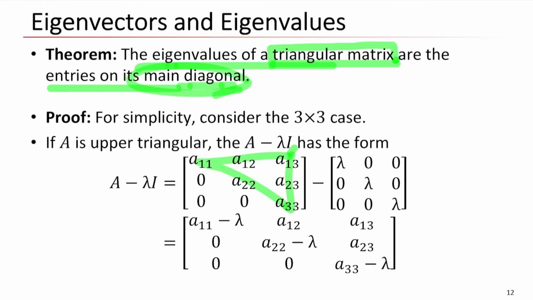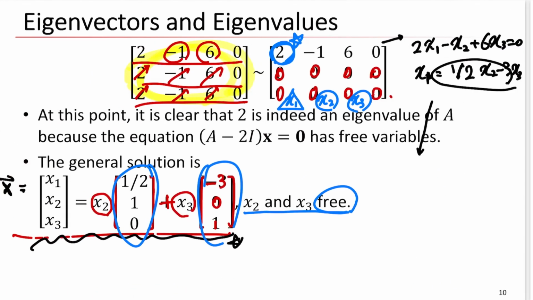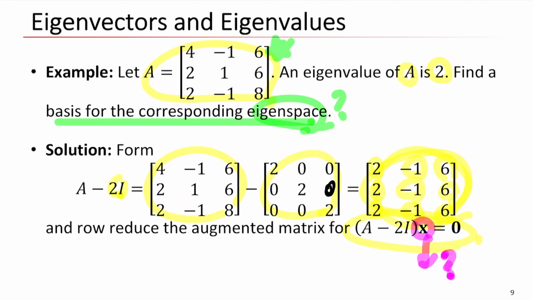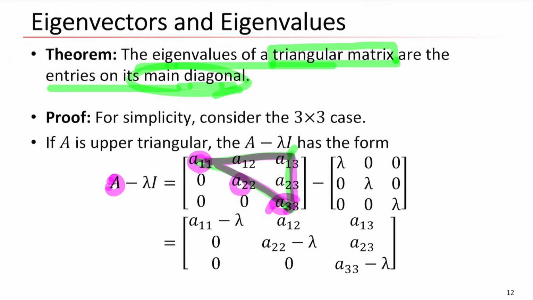So this theorem means if the matrix A is a triangular matrix, then the eigenvalues are the main diagonal entries. In general we cannot find the eigenvalues of matrix A directly, but if A is a triangular matrix, then we can easily find the eigenvalues, because the entries on the diagonal are the eigenvalues themselves.